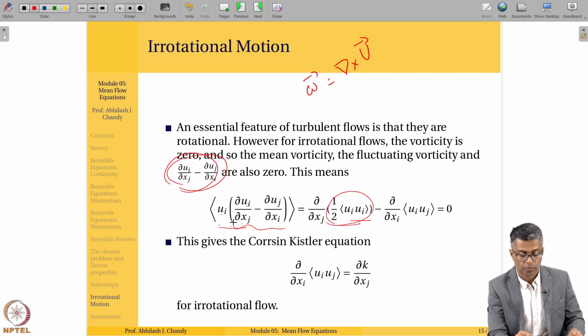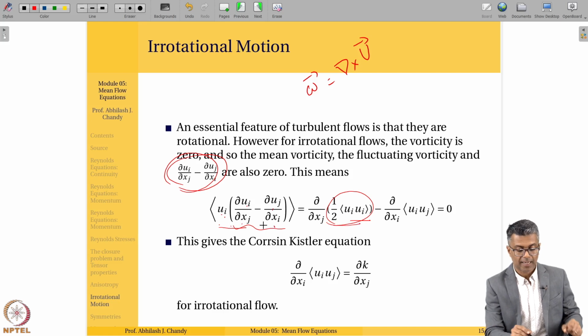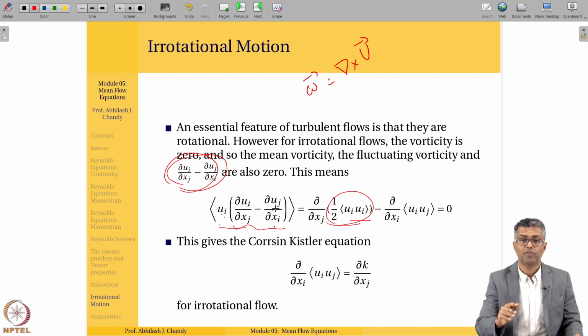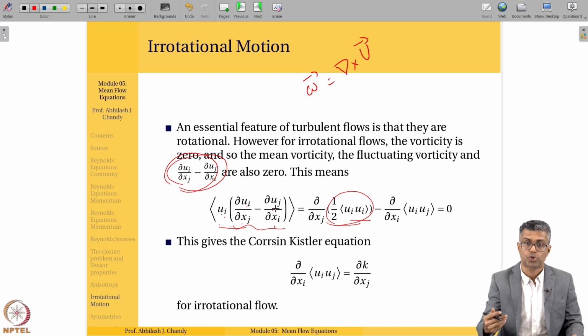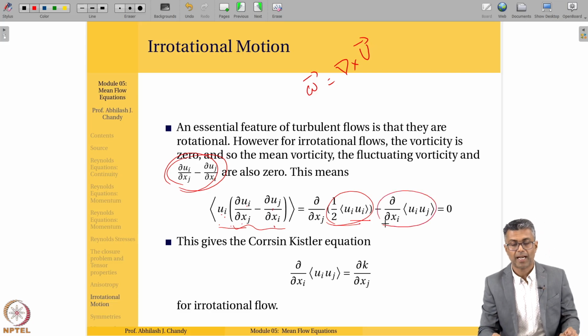Then the second term, which is ui times del uj del xi. Now that too, I can take the ui into the derivative. There will be this additional term which goes to 0 because of continuity, and that is how you get del xi of ui uj, the Reynolds stress, isn't it?